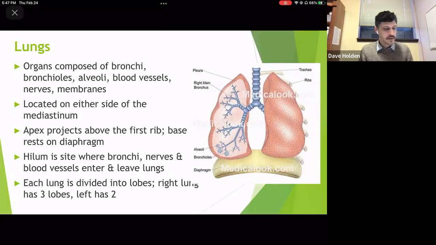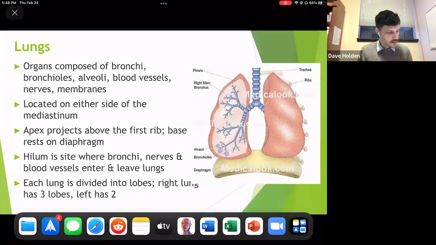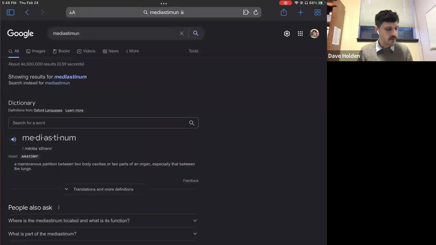Apex projects above the first rib. So the top point of the lungs sticks out just above the first rib. Here is my clavicle. Your first rib is superior to that. So the lungs go pretty high up. The hilum is the site where the bronchi, nerves, and blood vessels enter and leave the lungs. Let's see if I have my hilum. I've actually never heard that word before, hilum.